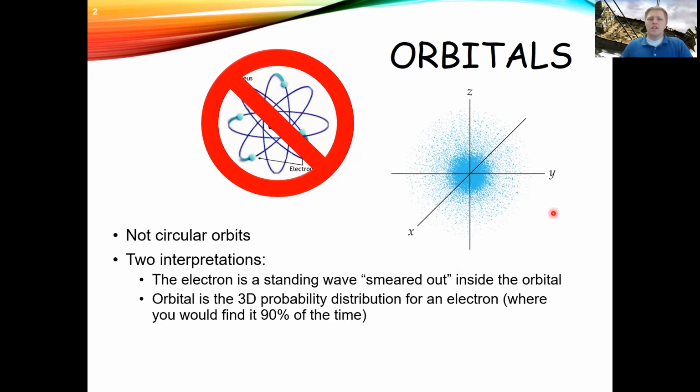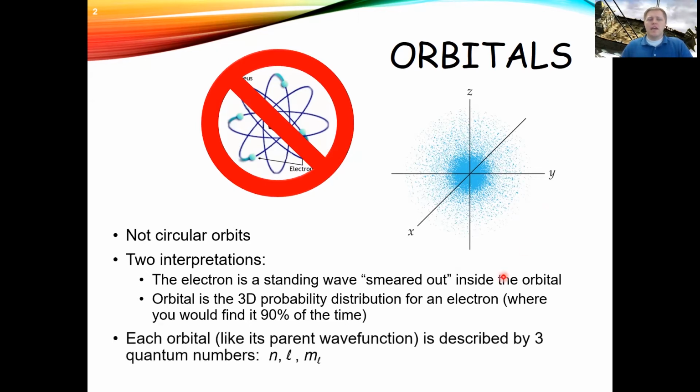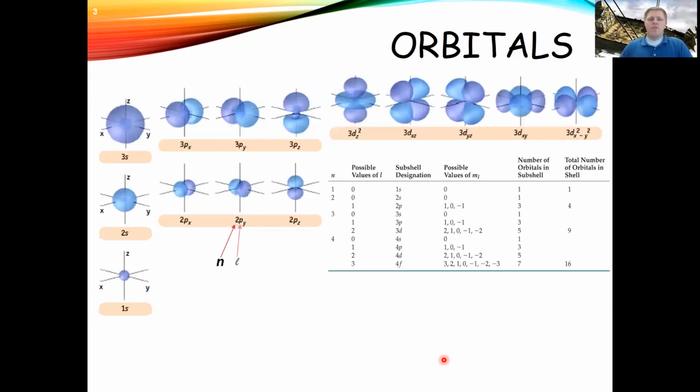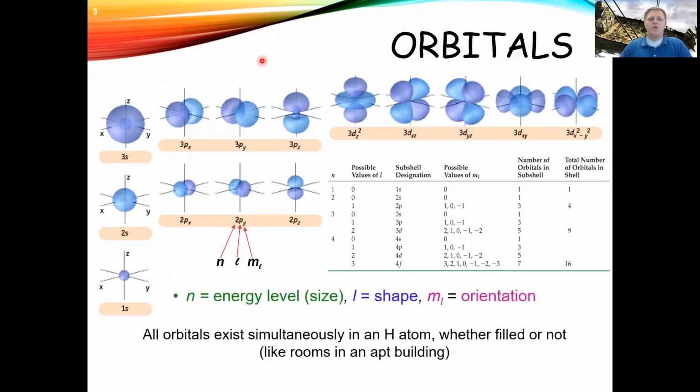Now, we're going to start getting into describing orbitals in much more detail. And so we're going to start talking about orbitals in terms of quantum numbers. And each orbital has 3 quantum numbers associated with it. You'll remember last time we looked at some of these orbitals, and we talked about the N, L, and M sub L quantum numbers.